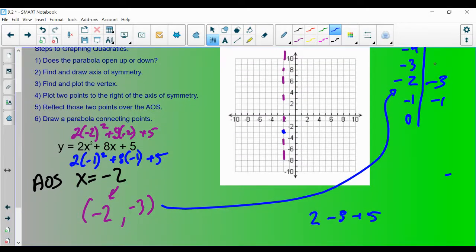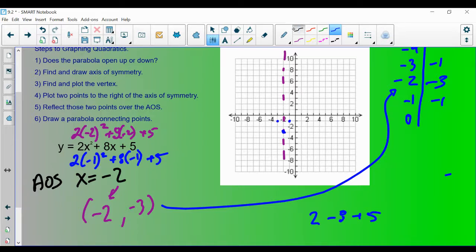Now, we should be able to reflect that to the other side of the vertex, because that's how this axis of symmetry is working. Remember, -2, -3, and then we plugged in -1, and we got -1. We should be able to reflect that to the other side of this vertical line to right there, which is -3, -1.